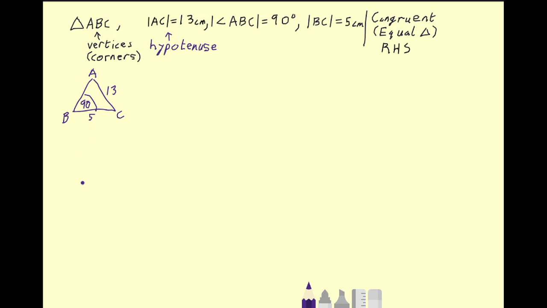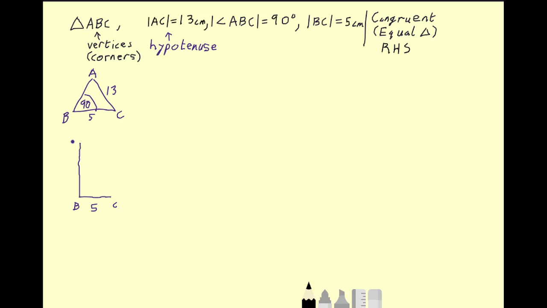We're going to redraw it now, and we're going to start off with our horizontal part. So I'm going to draw in a little line for BC, and that's going to be my 5 units. That's B and that's C. And I want to go up perpendicular from B. I'll go up fairly far because I know that the slopey part of this has to be 13 long.